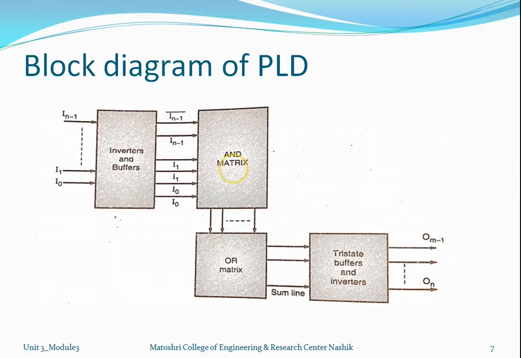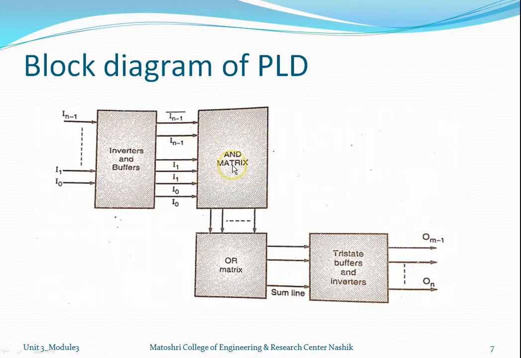Horizontal lines we call lateral lines, while vertical lines we call product lines in the case of the AND matrix. The cross point between the lateral lines and the product lines can be made connected or unconnected by programming the AND matrix.